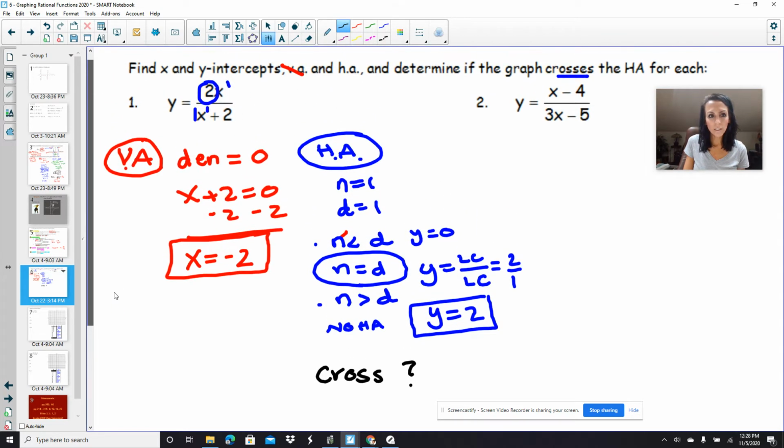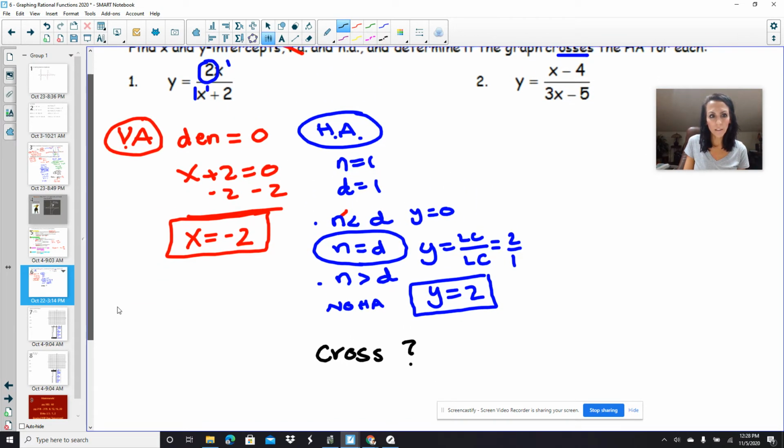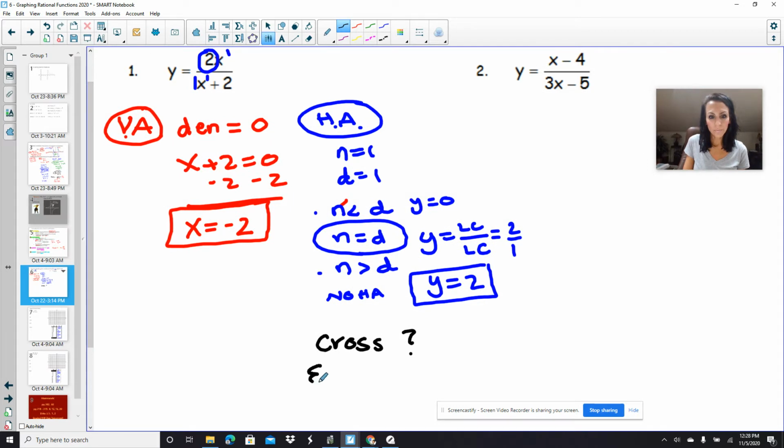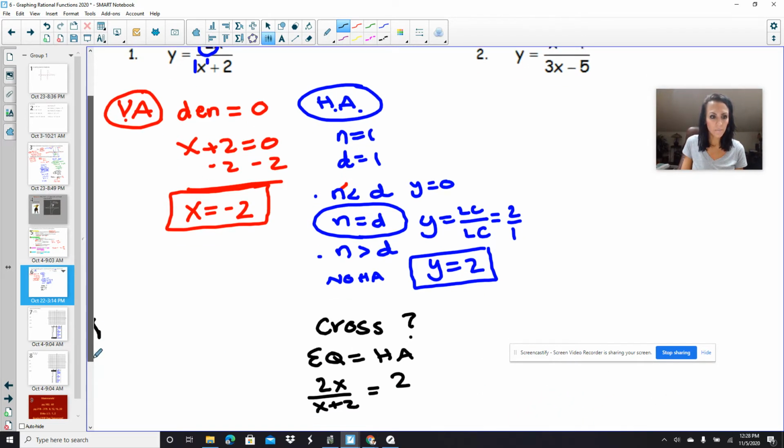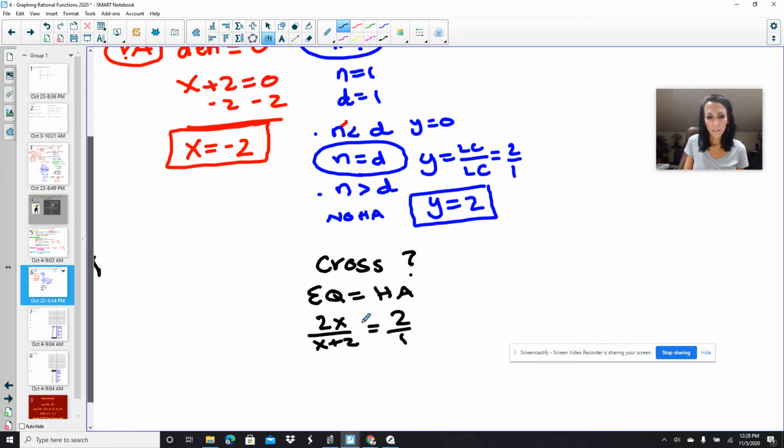Okay, well, let's see if it crosses. We know that y equals 2, so we're going to take our equation and set it equal to our horizontal asymptote. And our equation is 2x over x plus 2. We'll set that equal to 2. And we're going to figure this out. Let's see. Put this over 1. Cross multiply.